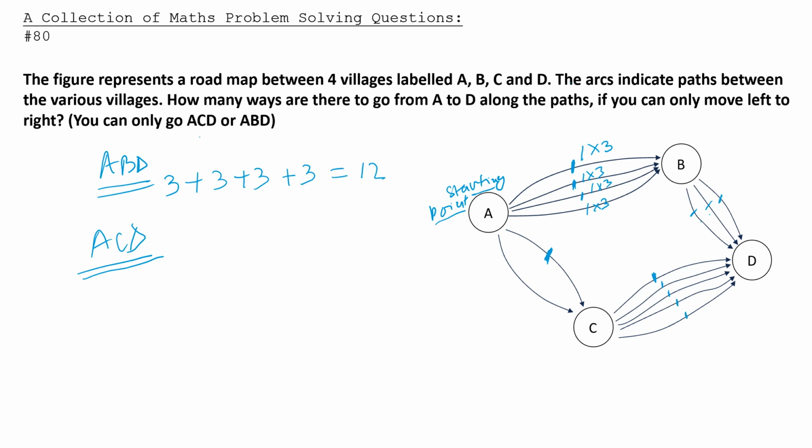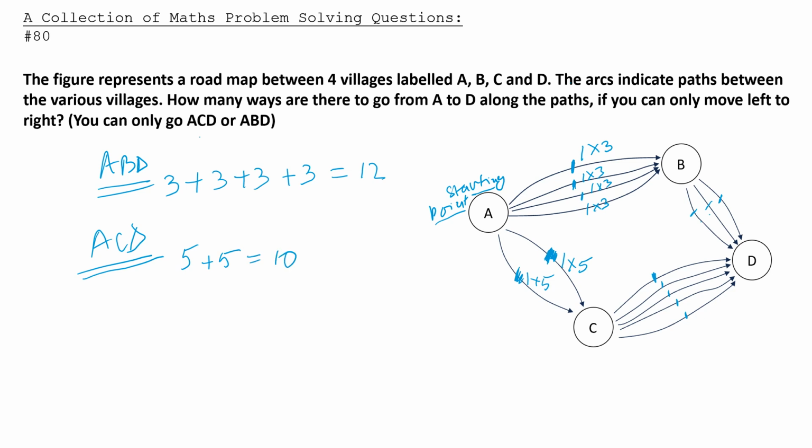There are 5 paths. So from A to C to D, using this particular path, you can go in 1 times 5 ways. And again, if you were to choose the other path, you could go 1 times 5 ways again. So you could go from A to C to D, paths 5 plus 5, and that equals 10.